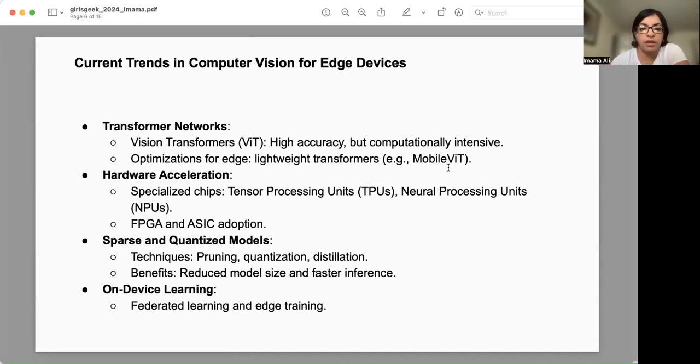faster. And also, there's a trend of federated learning where you learn on device and keep on updating the model weights. So basically, it's an online learning loop where you don't have a lot of data, and you can use newly acquired data to update the weights of your model.